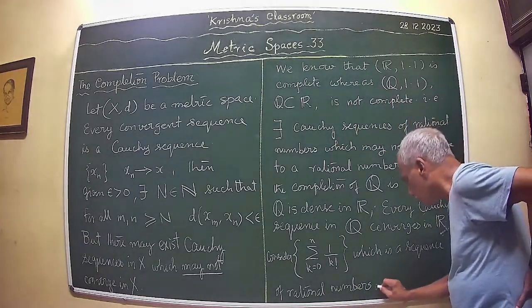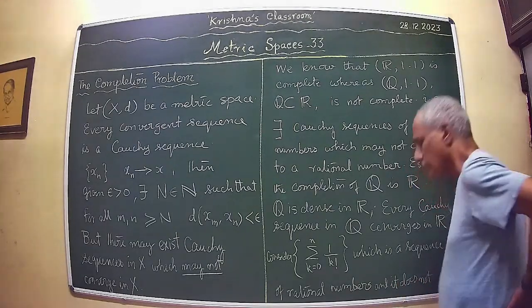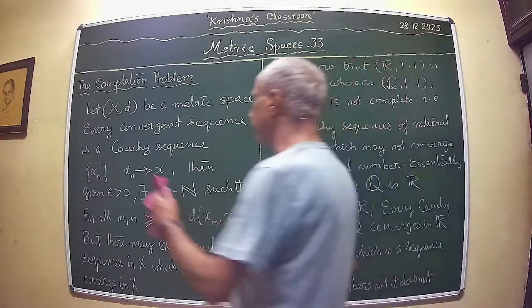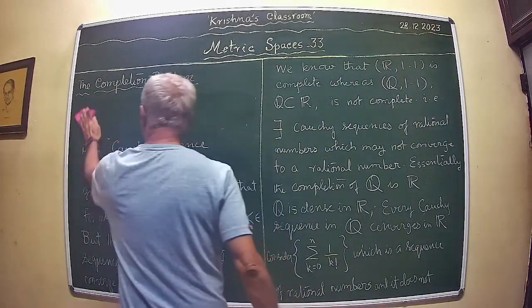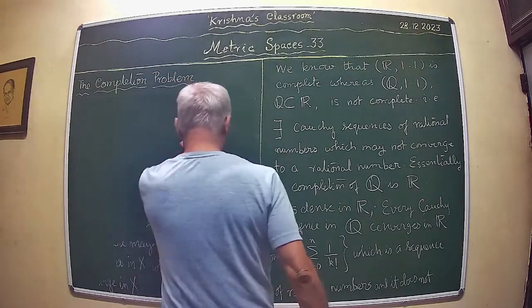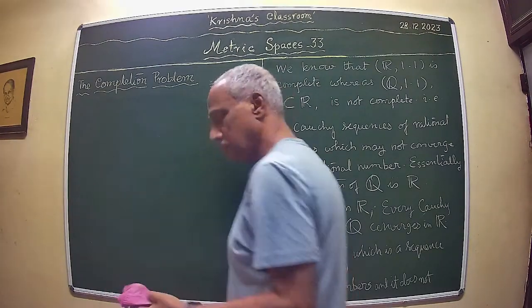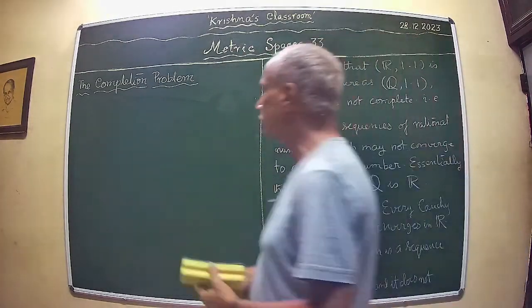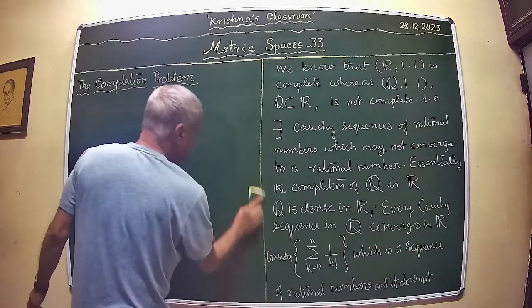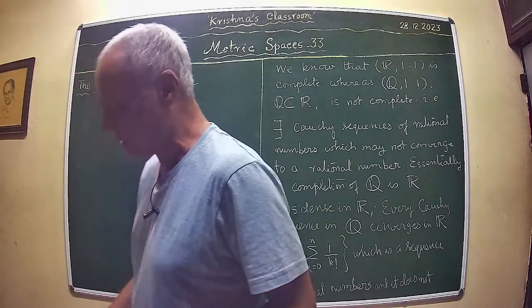And it converges to, but does not converge in Q. This sequence is the sequence that converges to the exponential number.